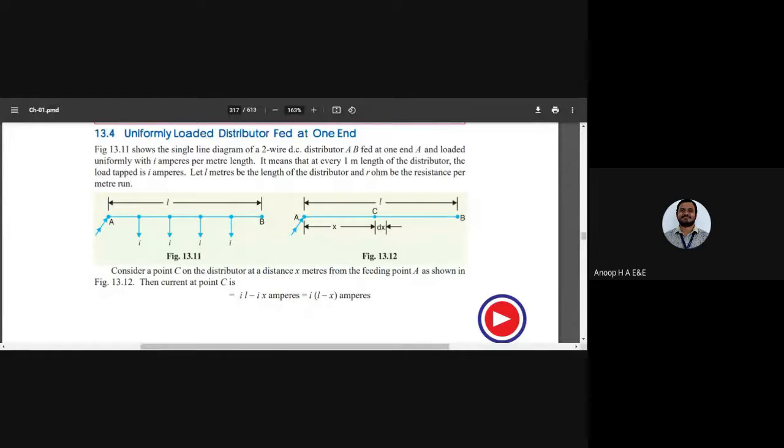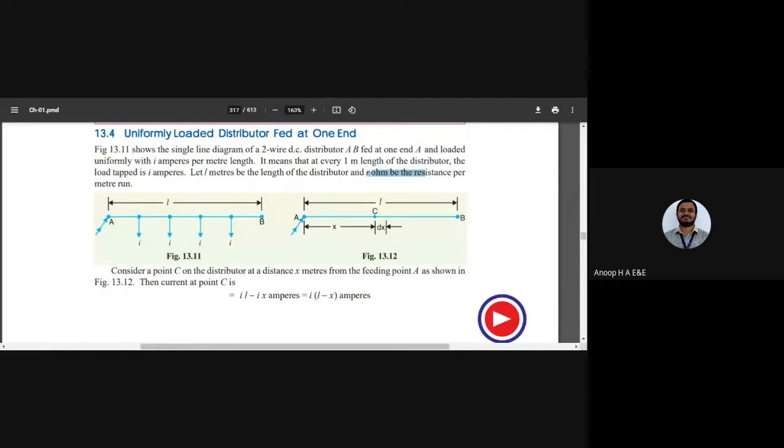When you have L meters of distributor length, we have R ohm per meter run. Meter run is nothing but the length of the distributor where resistance is taken per meter length. For 1 meter, if I say 5 ohm per meter, the value of the resistance is 5 ohm per meter.